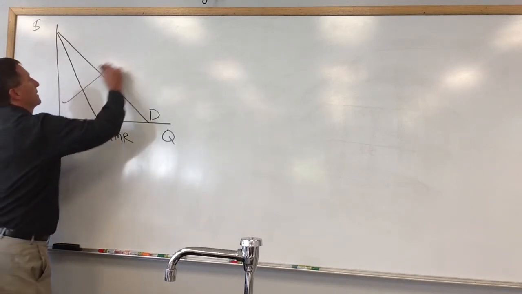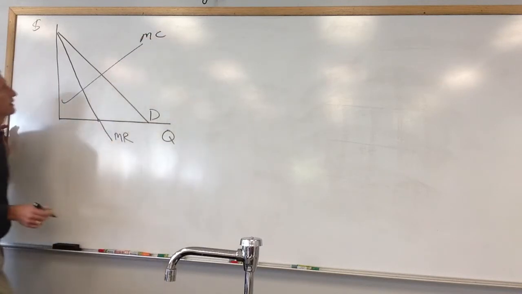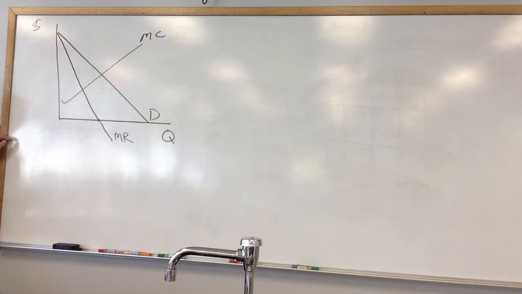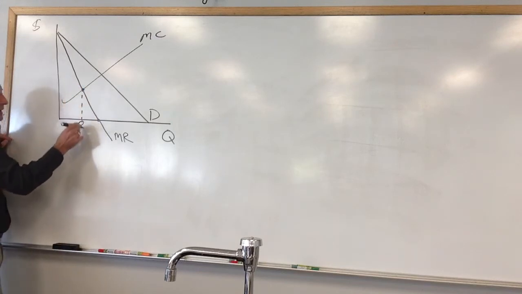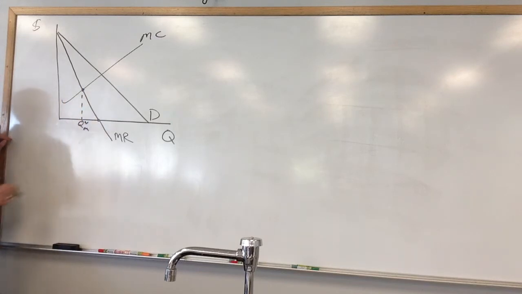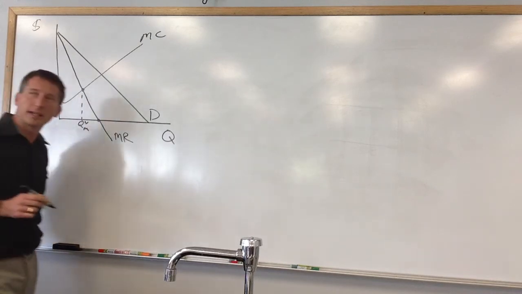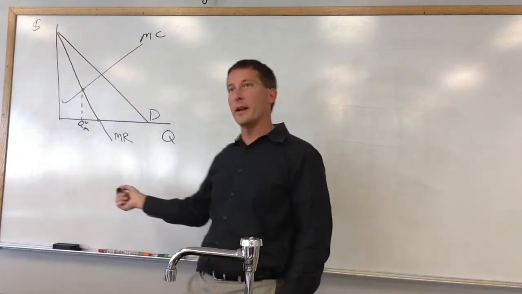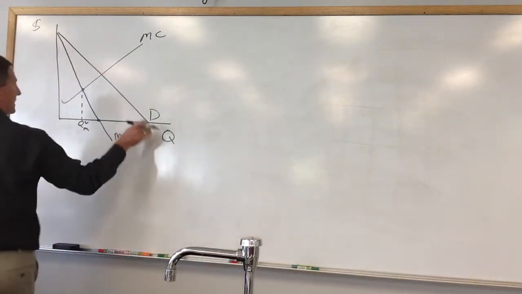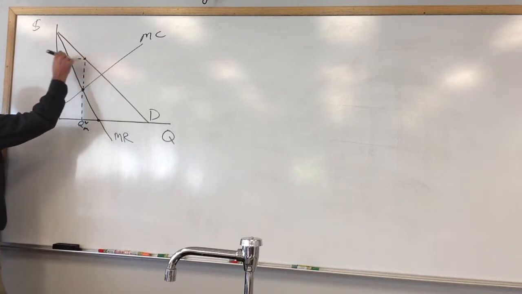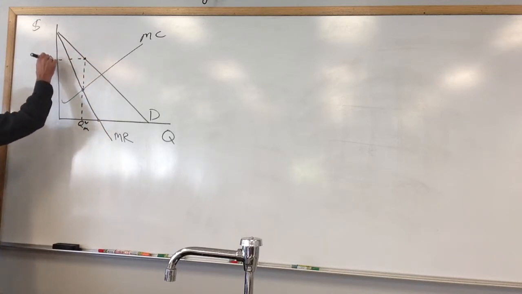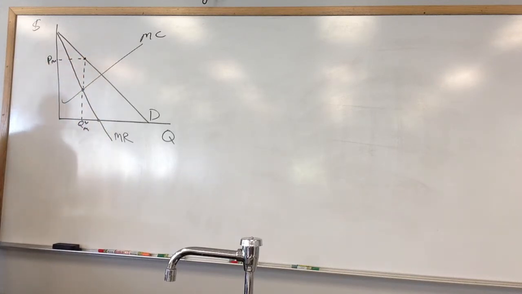And so if we've got some marginal cost curve that looks like this, they're going to produce that quantity, and then they're going to charge the highest price people are willing and able to pay for that quantity. So we go up to the demand curve because it conveys that information. Hang a left and read off that number. That's the price that the monopolist is going to charge for their product.